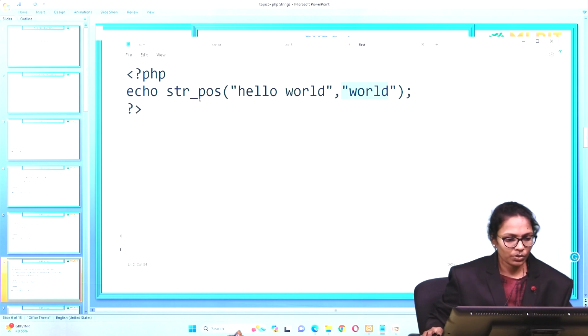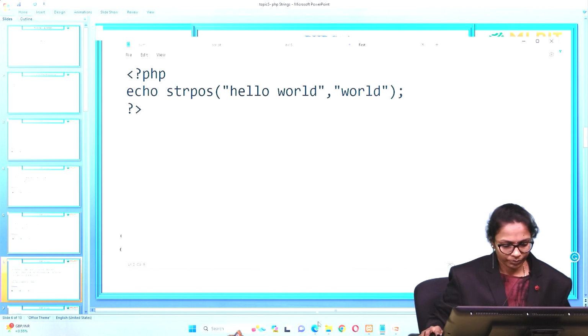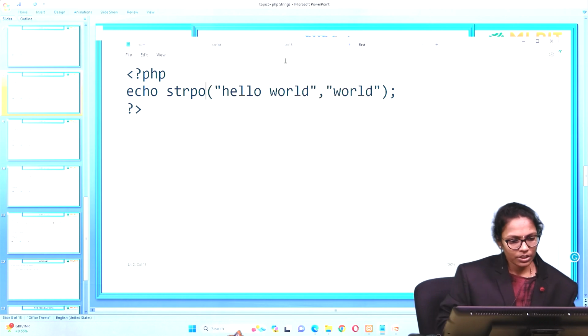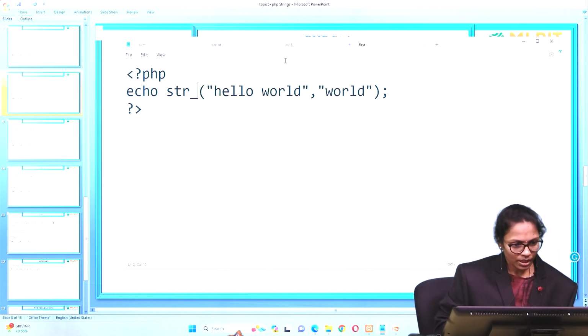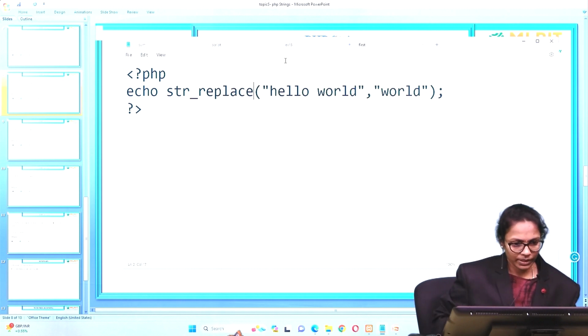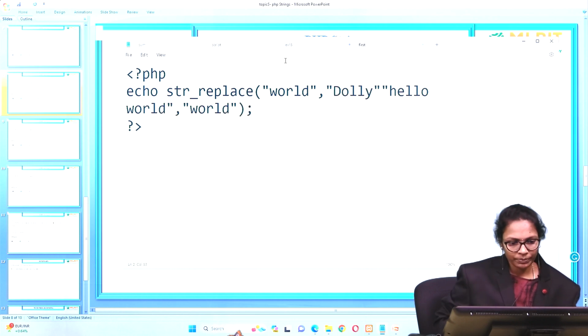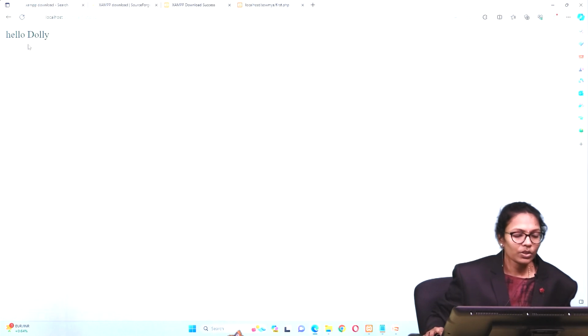There is no underscore here. The position of word is 6 here. Next function is str_replace. I want to replace world with Dolly and the main string is hello world. So the output is hello Dolly.